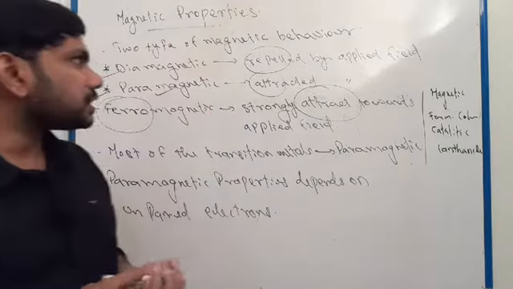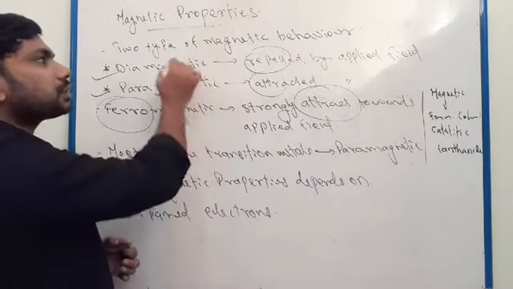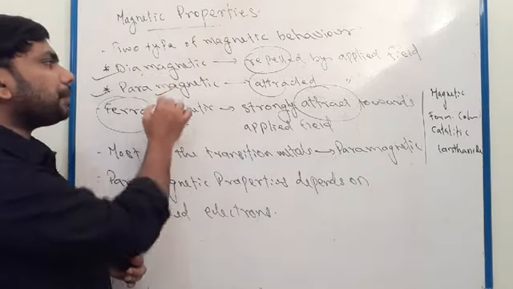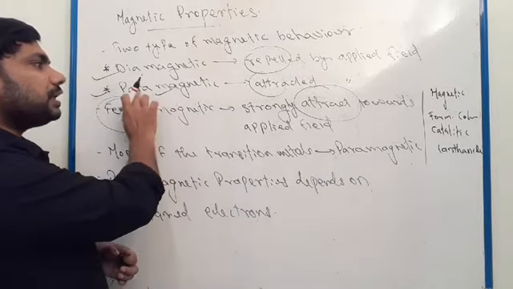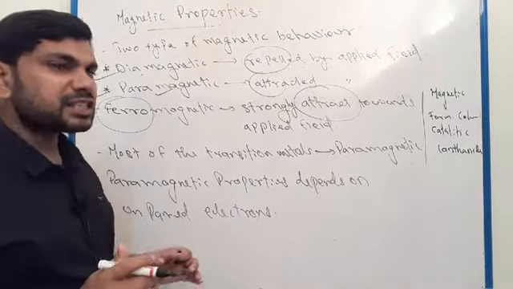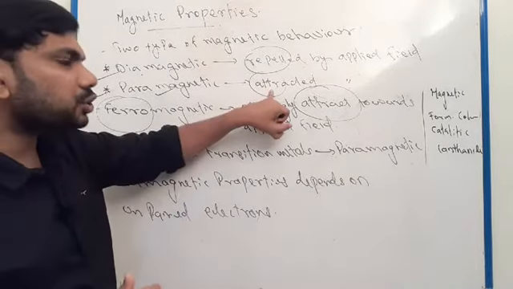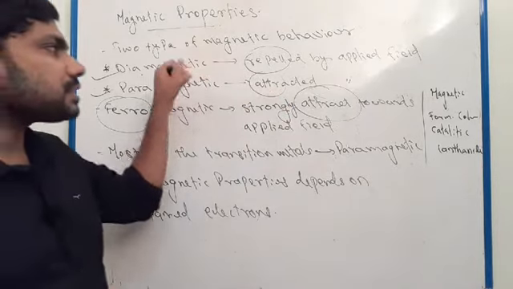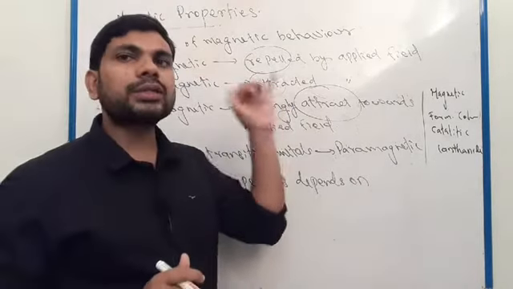So in this video we discuss two different types of magnetic properties, diamagnetic and paramagnetic. Most of the D block elements are paramagnetic. Paramagnetic substance will attract towards the external magnetic field. Diamagnetic substance will repel with the applied field.